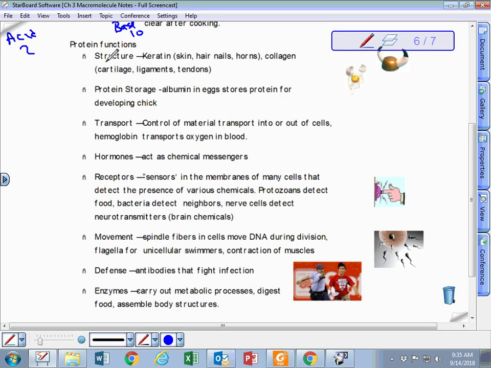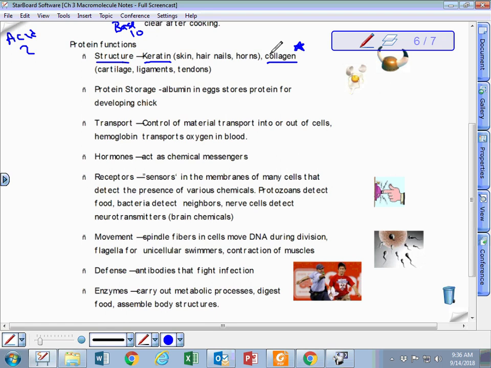This one's already listed. Structure: keratin that makes up your hair, your skin, your fingernails, and this is the most numerous protein in your entire body, collagen. It is everywhere. It's what holds your skin onto your body.